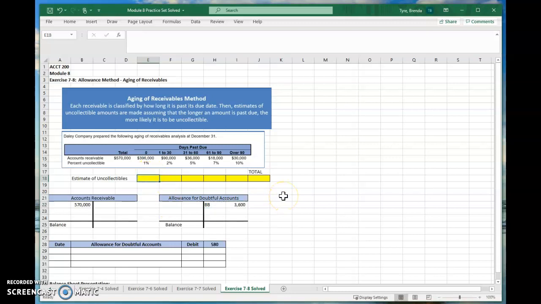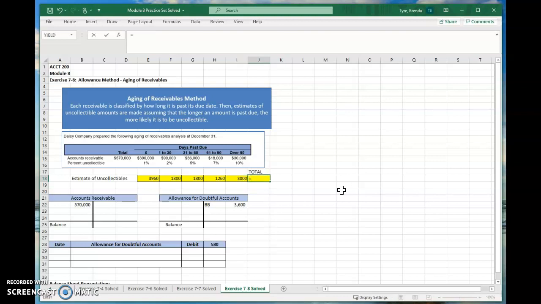All right, so now to do our estimate of uncollectibles, we're just going to multiply these out. 396,000 times 0.01, 90,000 times 0.02, 36,000 times 0.05, 18,000 times 0.07, and 30,000 times 0.1.